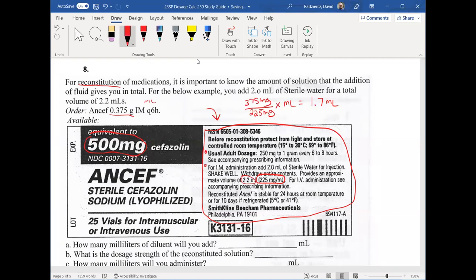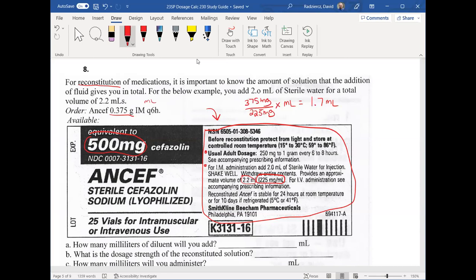But you don't really need to know that if it gives you the concentration, which is what I've circled right here. It tells you that the available is 225 milligrams per milliliter. You don't need to do anything else with that. If you wanted to, or if it didn't tell you the 225 milligrams per milliliter, that's where you would take the 500 milligrams, divide it by the 2.2, and you'd actually get 227.27 repeating.